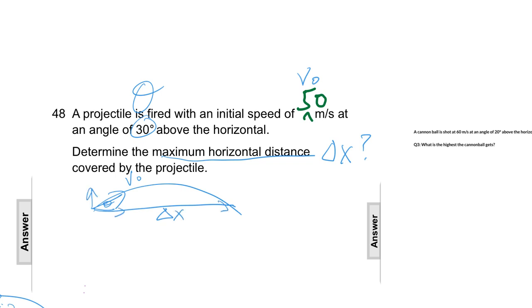So I need to break this VO up in x and y components. Let's just do it, okay, even if we don't need to. VOX equals VO cosine of theta. VOY equals VO sine of theta.